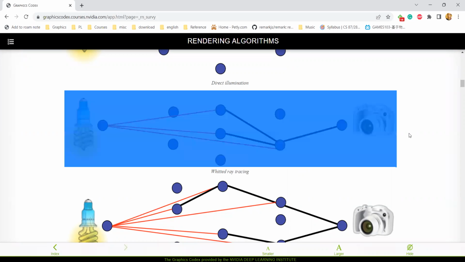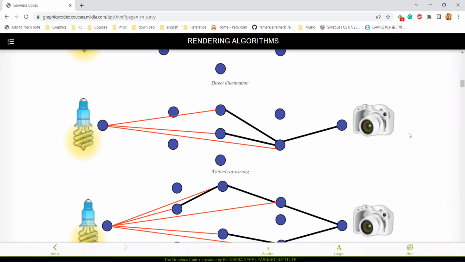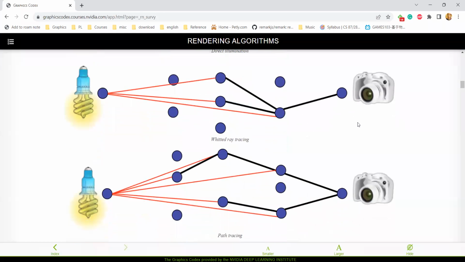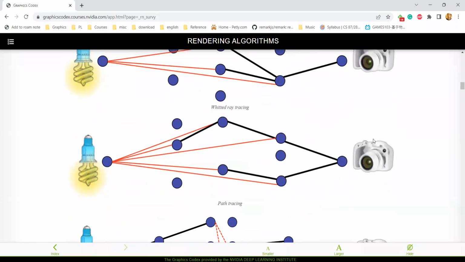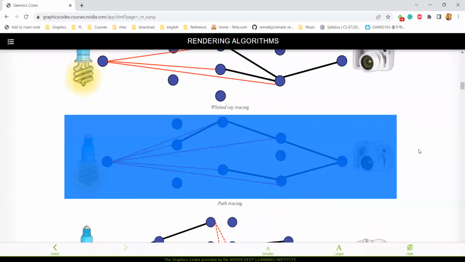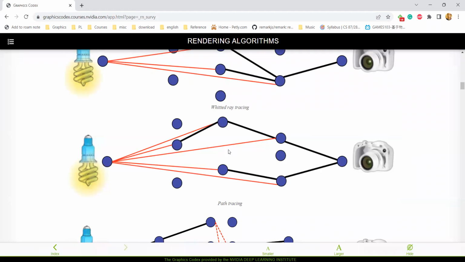Yeah, so the problem with Whitted is that it is very cheap, but if you have a lot of transparent materials, it can become insane because it keeps splitting. And this is brute force path tracing.